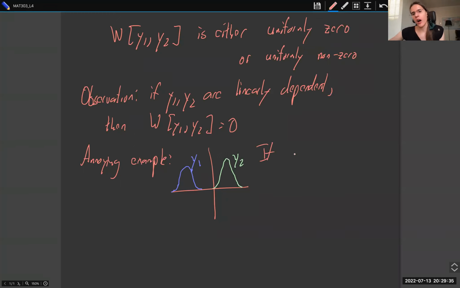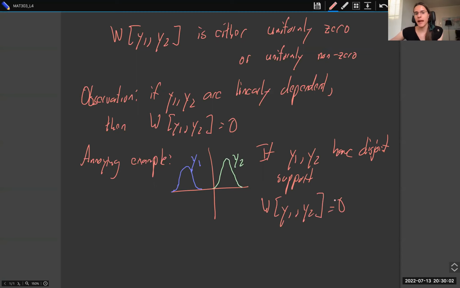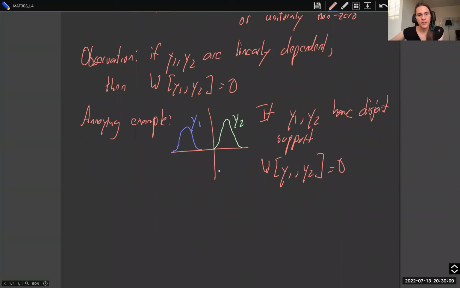If y1 and y2 have disjoint support, then because this is uniformly 0 here and its derivative is uniformly 0, at these points y2 would have 0 for its value and its derivative, and here y1 would have, so the Wronskian of these two functions is going to be 0, despite the fact that it's not the case that one function is a multiple of the other, right?